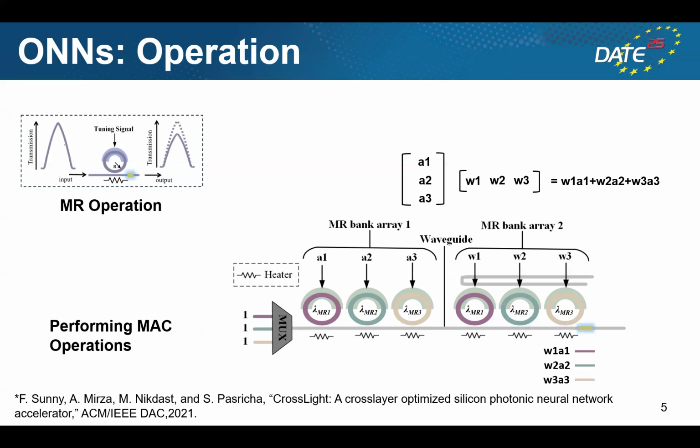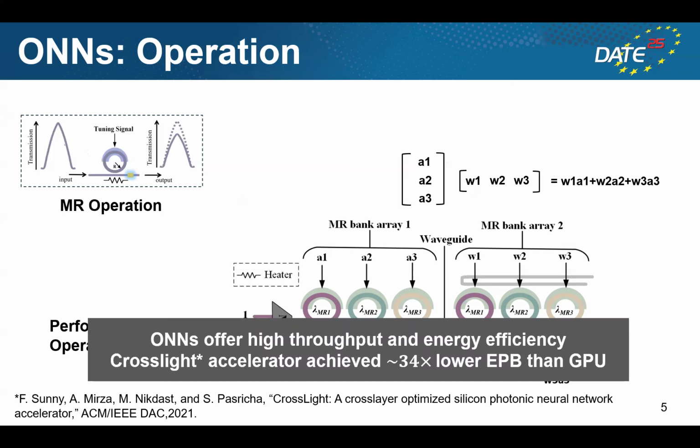And by the end, we get the partial sums that are needed to perform this vector multiplication. And it's important to note here that the different colors indicate that each MR is configured to operate on a specific wavelength, or an optical signal with a specific wavelength.